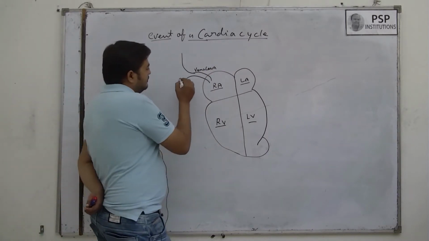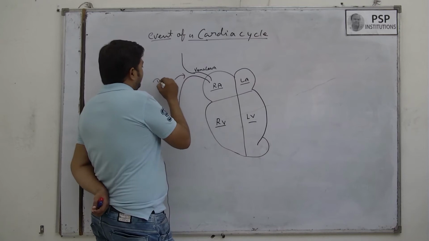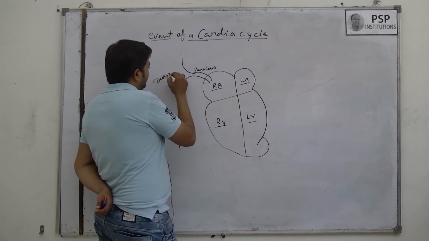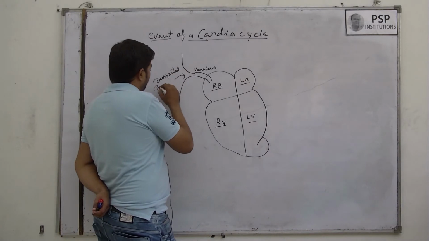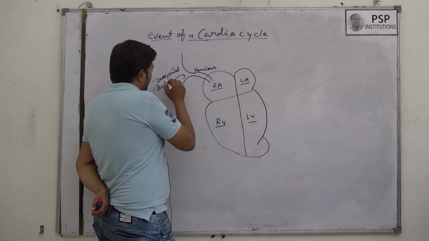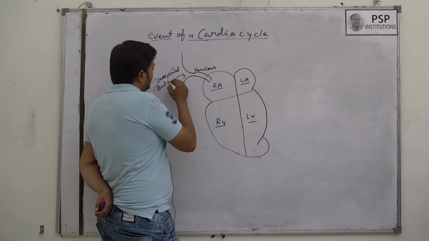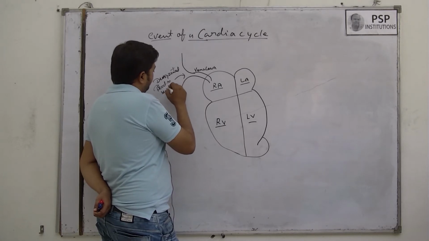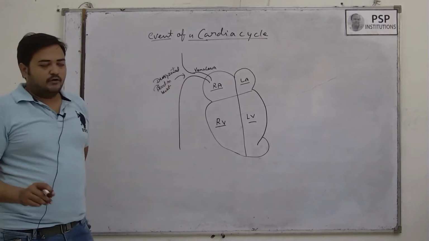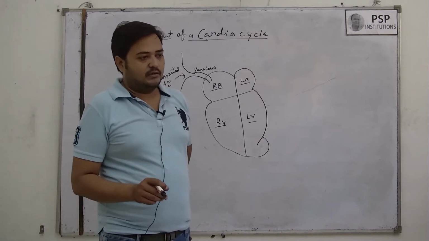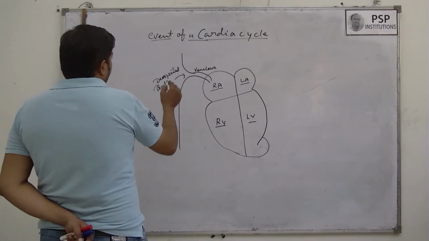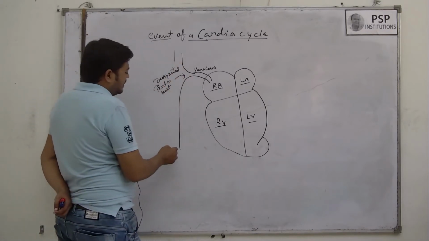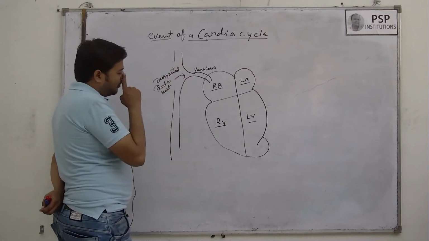It gives deoxygenated blood to the heart. It means the veins or venules, the inferior vena cava and superior vena cava, collect blood from the whole body.